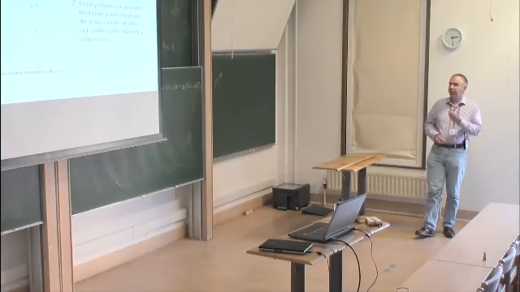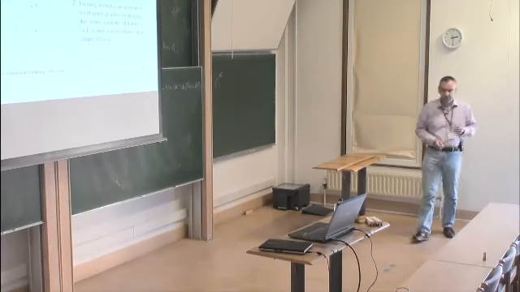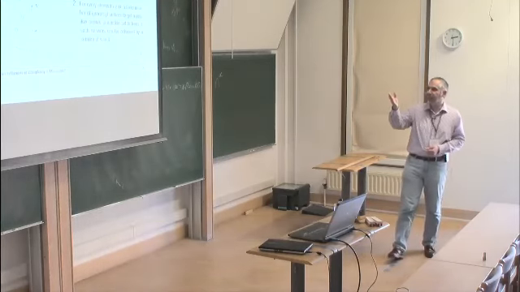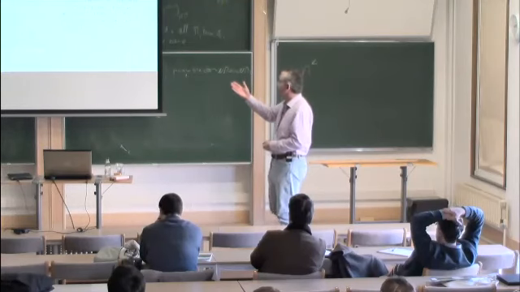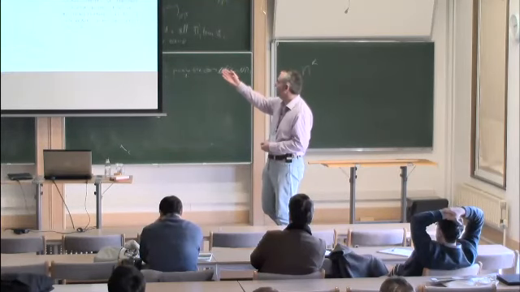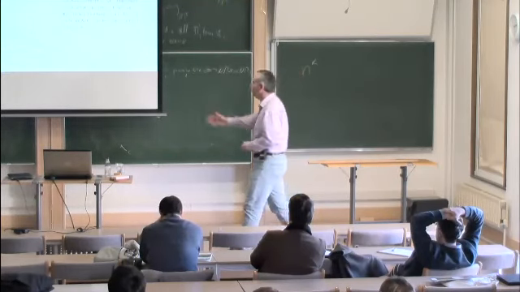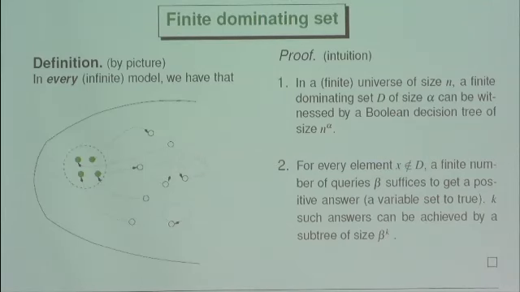And it is intuitively clear as to why this is easy. If you had a finite dominating set, a Boolean decision tree can witness those green elements that constitute the dominating set in polynomial time, polynomial size, n to the number of elements. And once that's been done, for everyone else, the decision tree would make all possible queries that involve that guy and the guys within the dominating set.